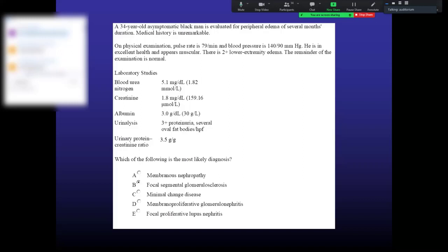The other clue is that this patient was black, and we do know that there is an increased risk of FSGS in the African American population, and part of that is explained by a risk allele called APOL1 that we're learning more and more about. So you might hear me refer to that risk allele. It's a little different than a genetic mutation because it doesn't guarantee that you'll get the disease.